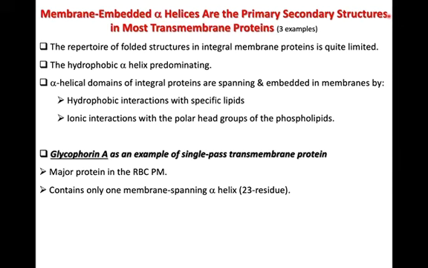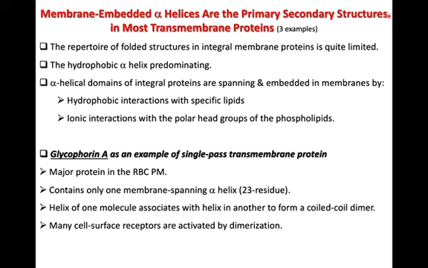So glycophorin A is an example of a single pass transmembrane protein. What's the meaning of single pass? That means that this type of protein crosses the membrane just once. And it's a major protein in the red blood cell plasma membrane, and it contains only one membrane spanning alpha helix consisting of 23 residues or amino acids.